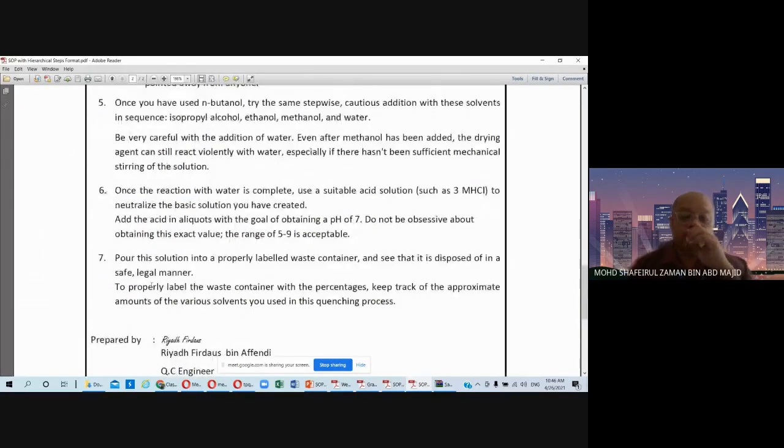So the hierarchical one goes according to the sequence. For the flowchart, you have the yes or no kind of question. And for the graphic operating procedure, for each component, you put images or illustrations that represent the procedure itself.